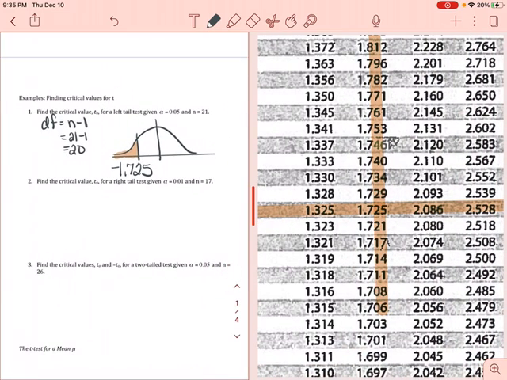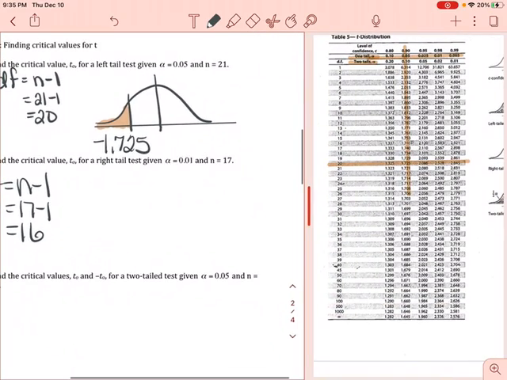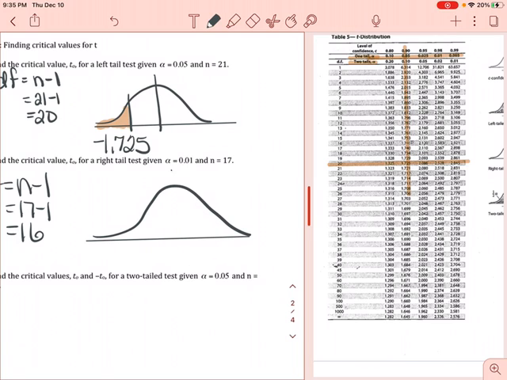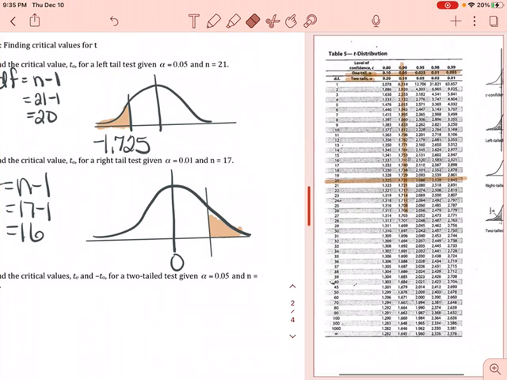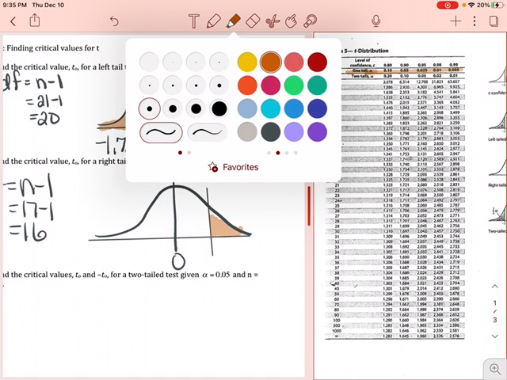Okay, let's try the next one. We want to find the critical value for a right tail test at 0.01 with n is 17. So you need the degrees of freedom. Our degrees of freedom are 16. We're going to draw our picture, a right tail test. We go to the row that says 16, in the right tail column.